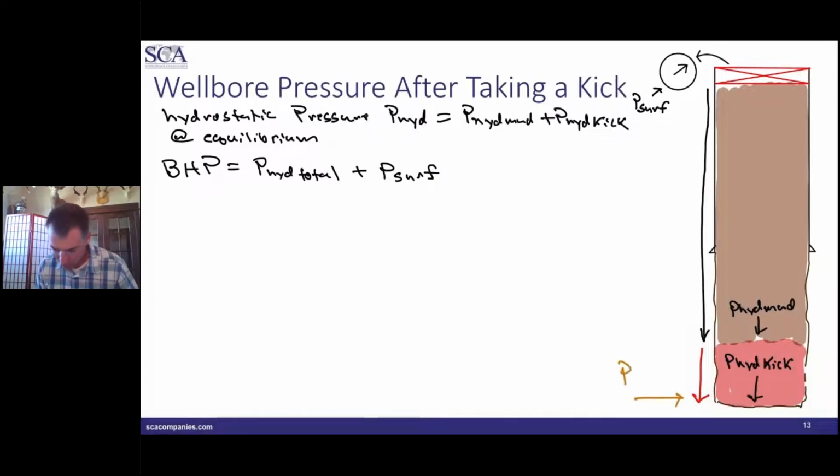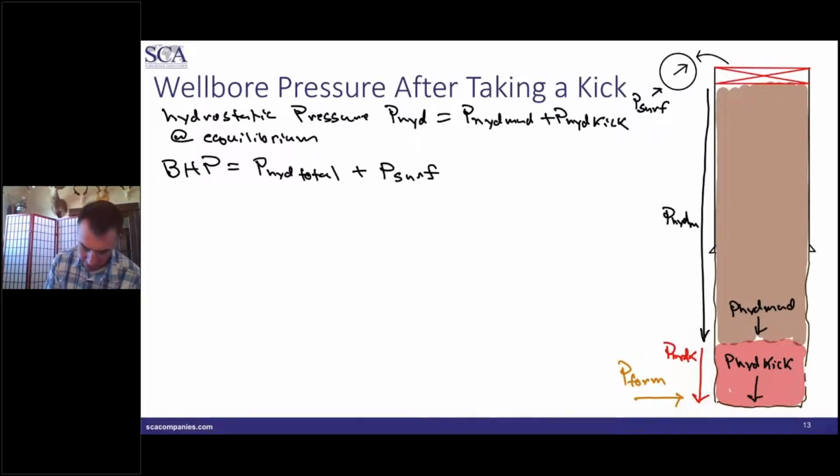I've got P form. Okay, so I've got these two hydrostatic pressures, and the formation pressure. If I add these two up, I take P hyd of the mud, P hyd of the kick, and P surf.